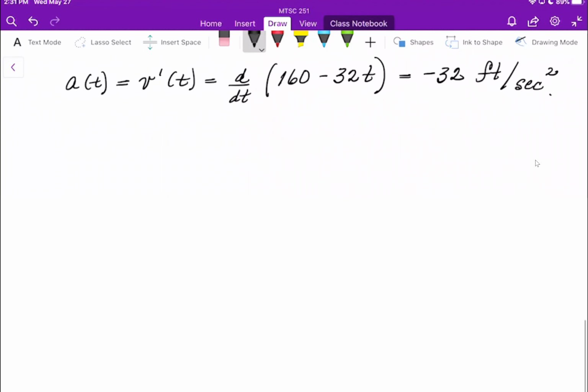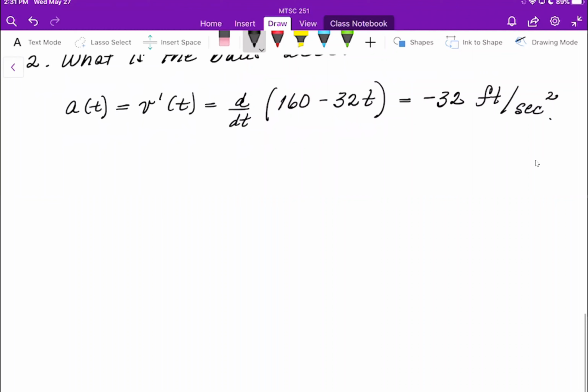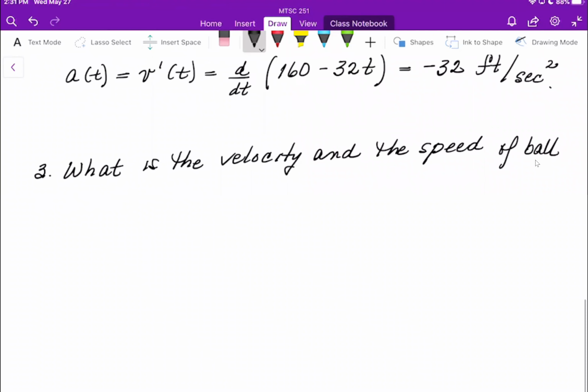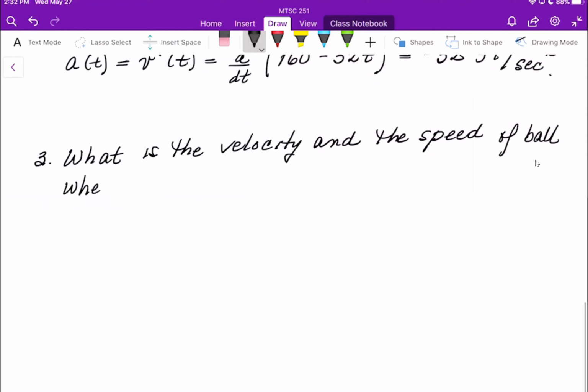Okay, what is the velocity and the speed of the ball when it is 256 feet above ground?